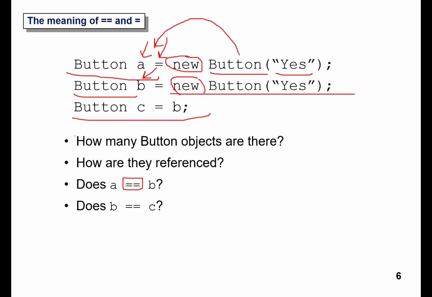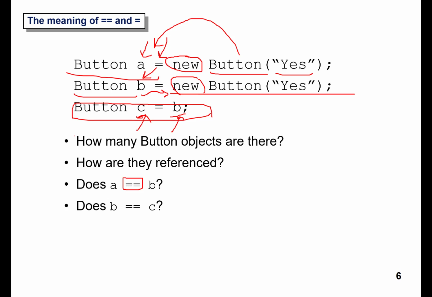Second question, does B equal C? Let's have a look at what we've done. B is equal to this object here, and when I create a reference C and I say it's equal to B with a single equal sign, what I'm doing is I'm storing the address that's stored in B within C also.